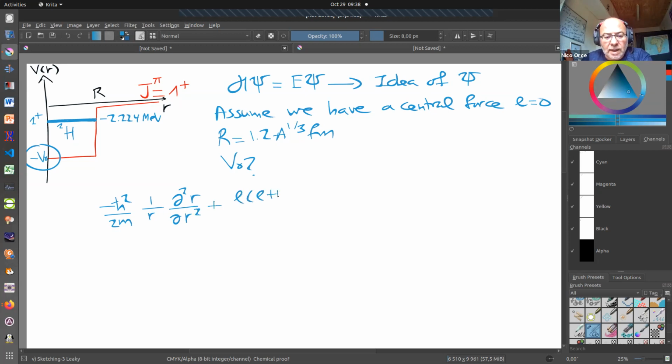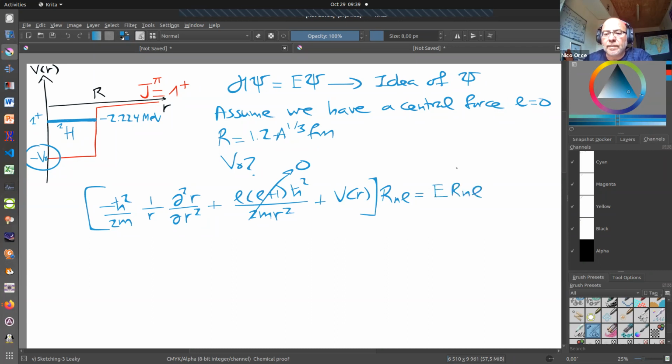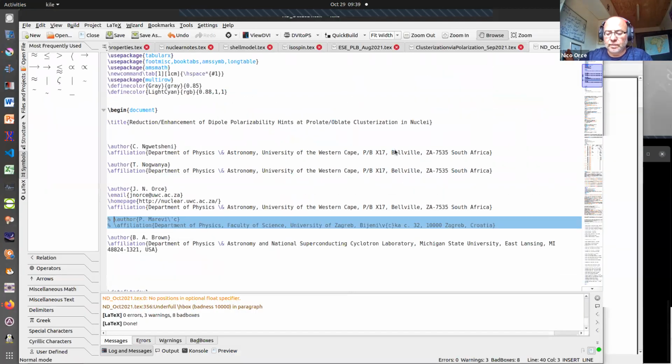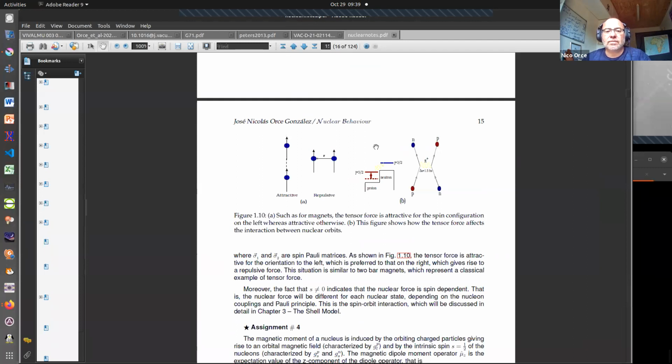This is the h bar squared central potential term over m r squared, which again, as I say, for L equal to 0, vanishes, plus the potential. This is basically the Schrodinger equation, times the wave function, which we're going to call R_nL, because it depends on the n and L quantum numbers, equal to E times R_nL. Okay, so this is the Schrodinger equation that we have in our lecture notes right at the beginning of this section.